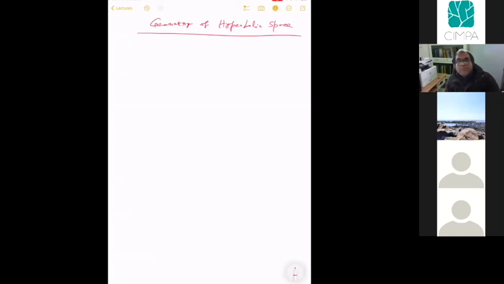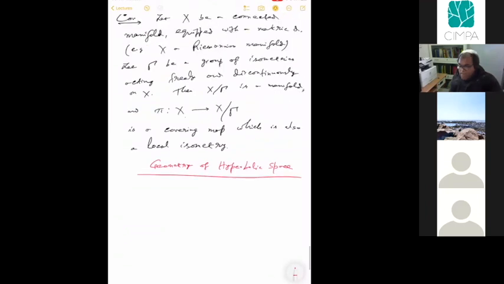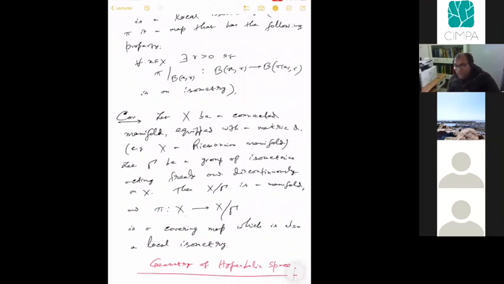I have a little query for Krishnendu. The very interesting theorem and corollary you have stated, but if it is only free, then what happens? The relation will not hold, no? You have considered acting freely. If it is only free, then I think you can still say that X mod gamma will be a manifold.